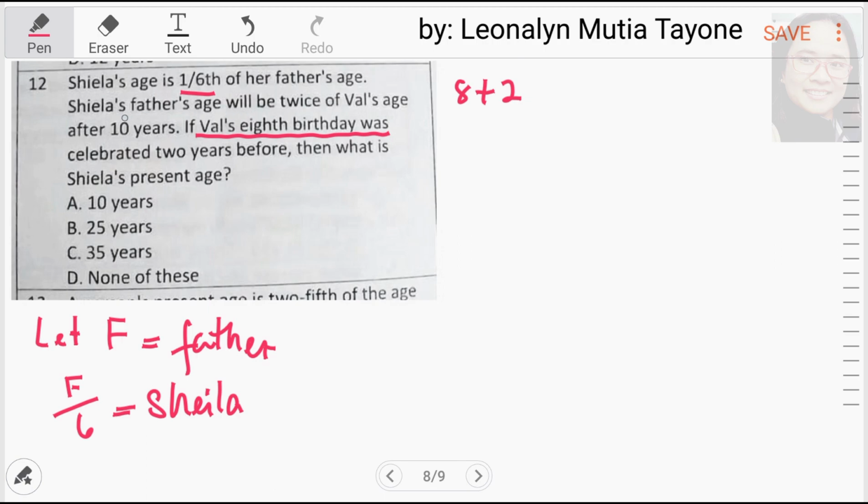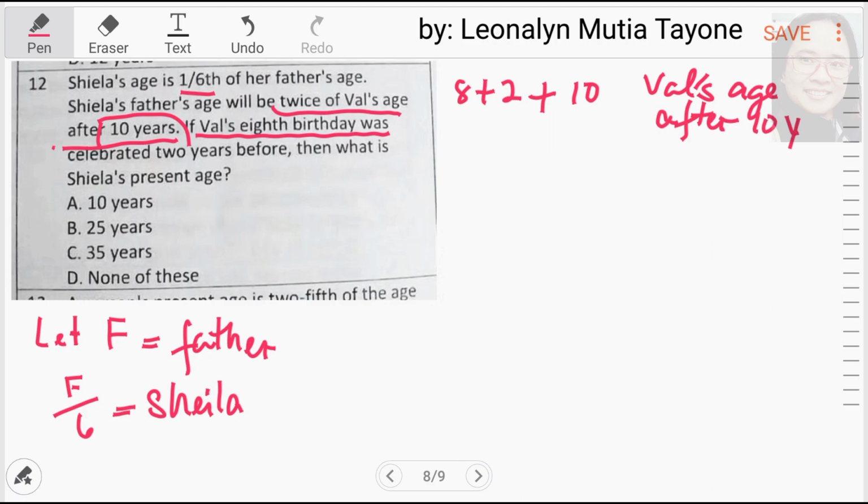Now, father's age will be twice of Val's age after 10 years. Plus 10 years. This is Val's age after 10 years. After 10 years, 8 plus 2 plus 10, and that is 20.